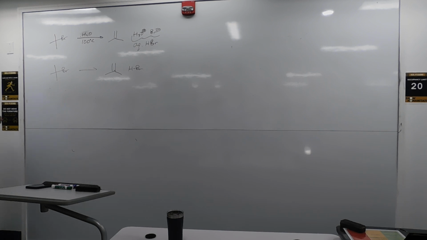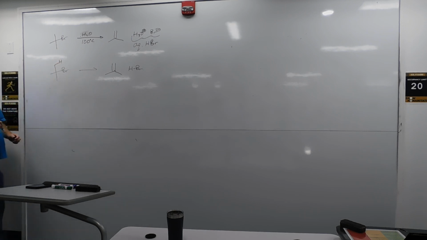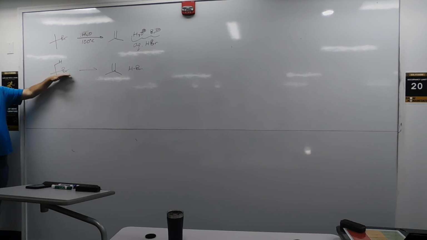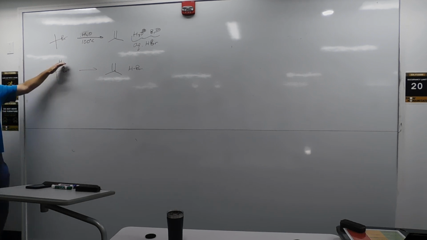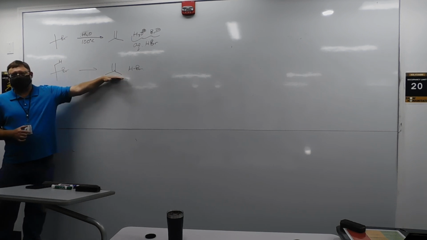Right, again, you can go in here and you can add up the bond energies. You can discover that enthalpically, delta H would suggest this reaction would go to the left. So if you just look at bond strength, carbon bromide sigma, carbon hydrogen sigma, hydrogen bromide sigma, carbon carbon pi.